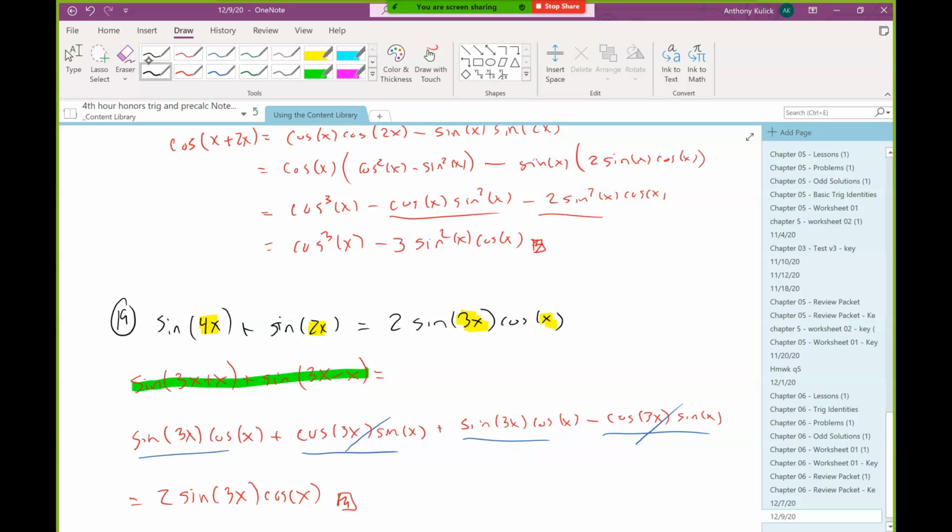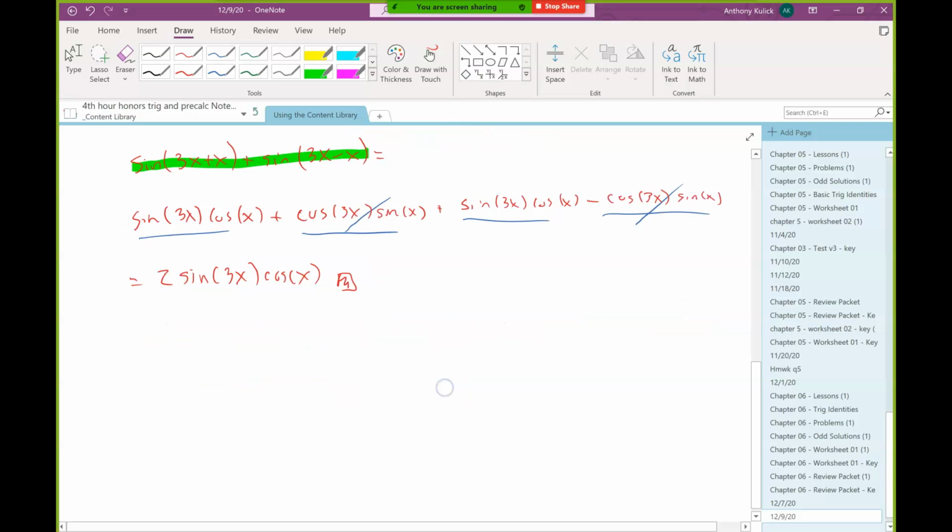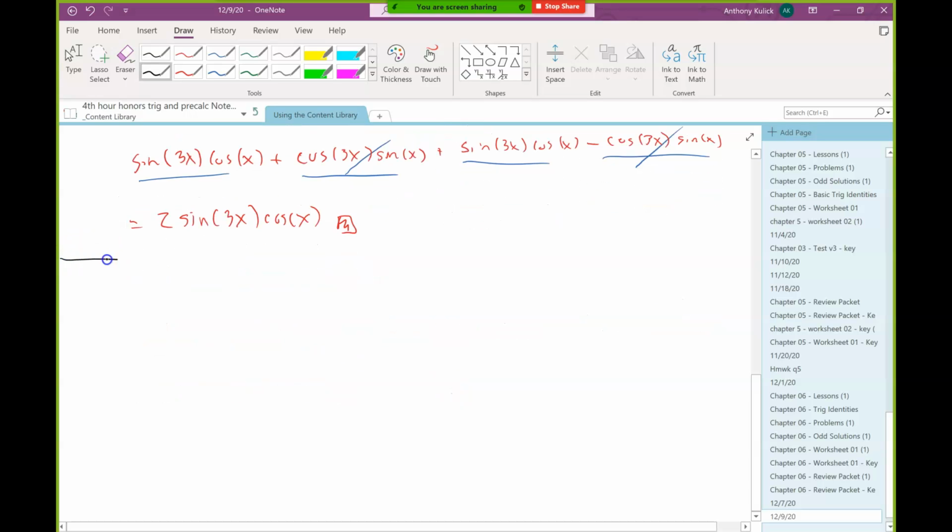Sounds good. So today we're going to pick up and talk about our last group of identities then. These are the half-angle identities.